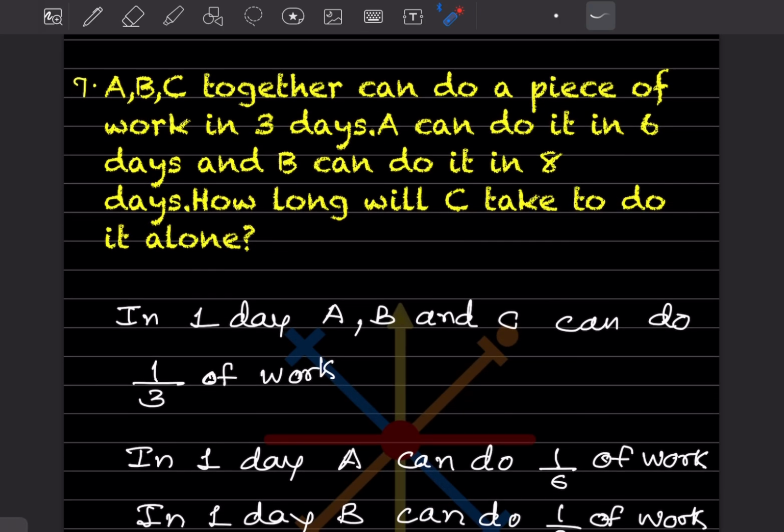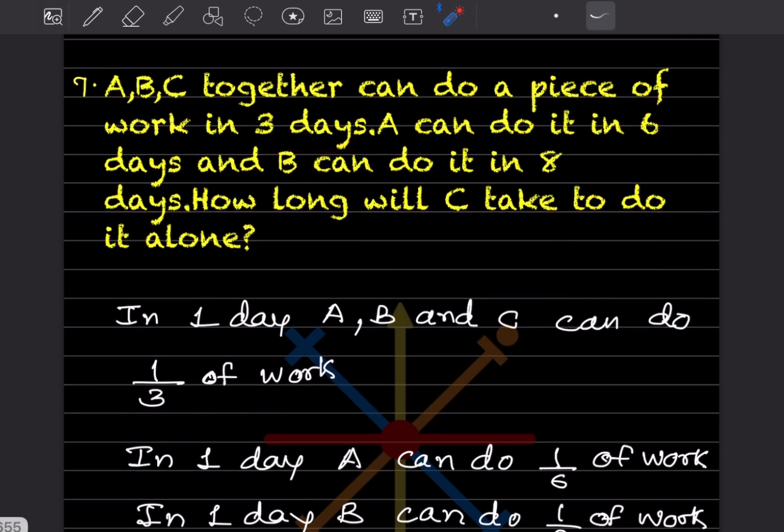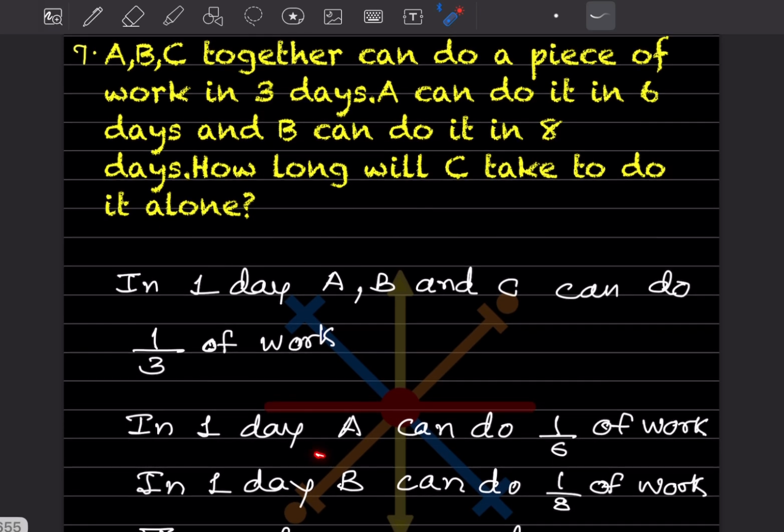A, B, C together can do a piece of work in 3 days. A can do it in 6 days and B can do it in 8 days. How long will C take to do it alone? So in 1 day, A, B, C can do 1 by 3 of work.